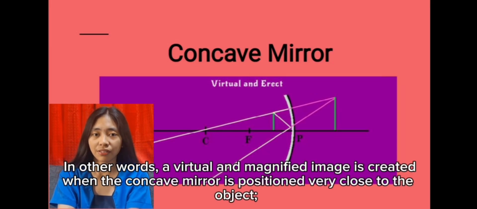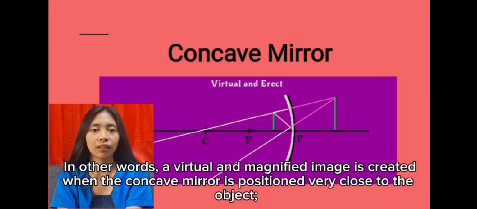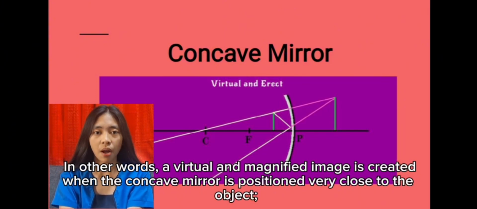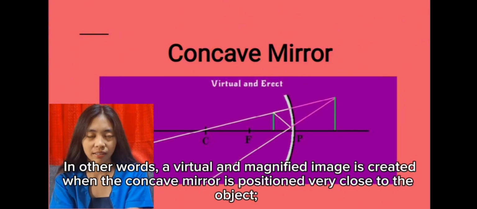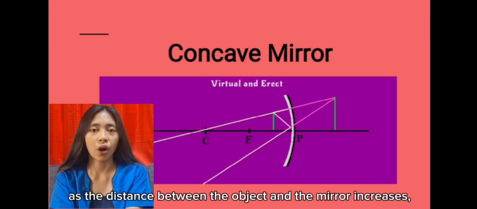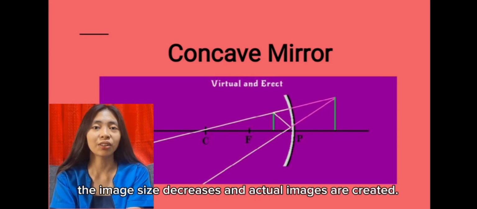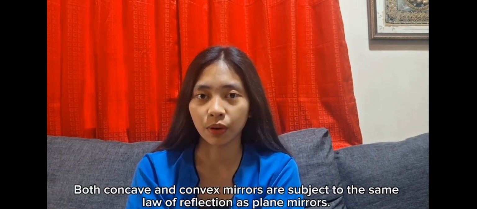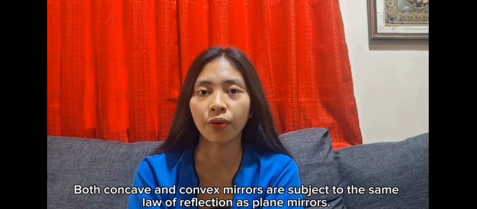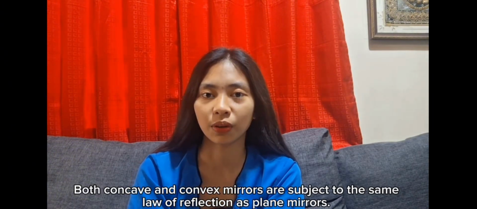In other words, a virtual and magnified image is created when the concave mirror is positioned very close to the object. As the distance between the object and the mirror increases, the image size decreases and the actual image is created. Both concave and convex mirrors are subject to the same law of reflection as plane mirrors.